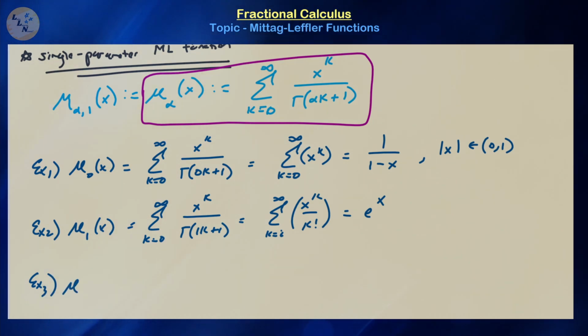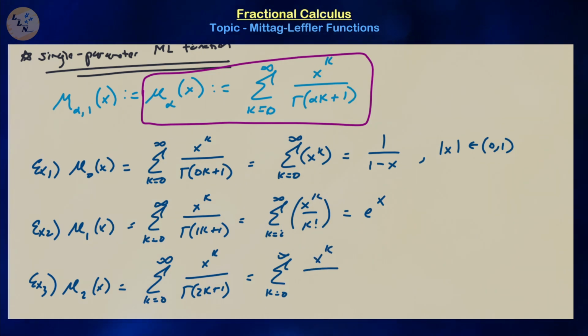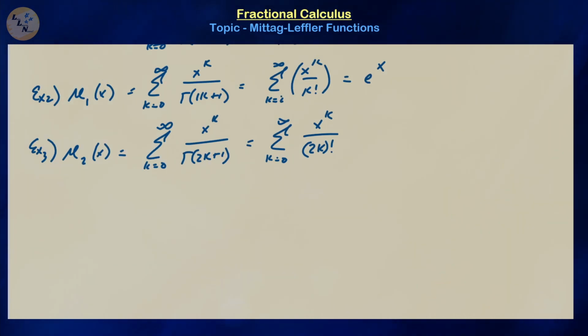Let's also look at Mittag-Leffler 2. That's the sum from k equals 0 to infinity of x to the k divided by gamma of 2k plus 1, which is the same thing as the sum of x to the power of k divided by 2k factorial. On the surface this might not look obvious because the value of k here and the value of k there do not match.